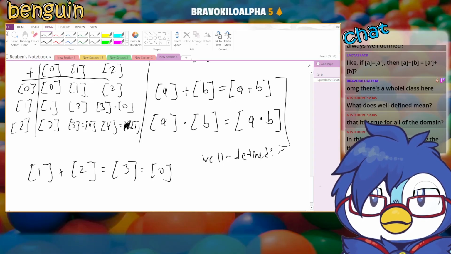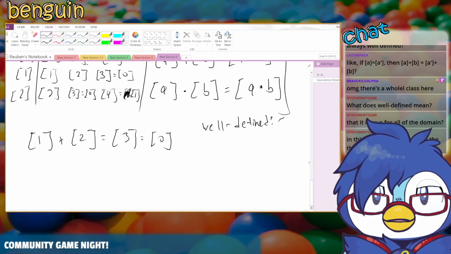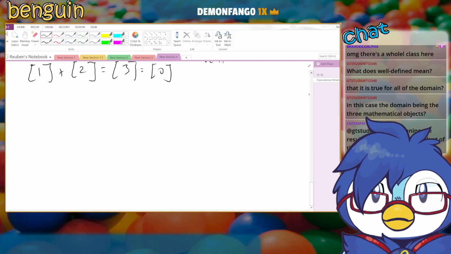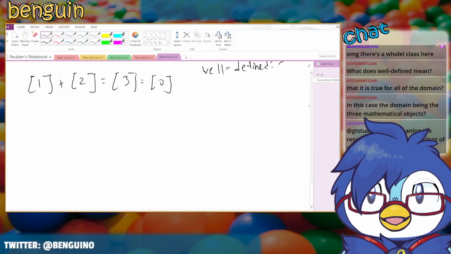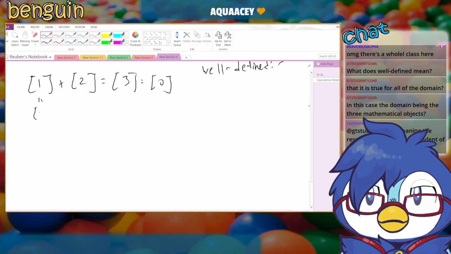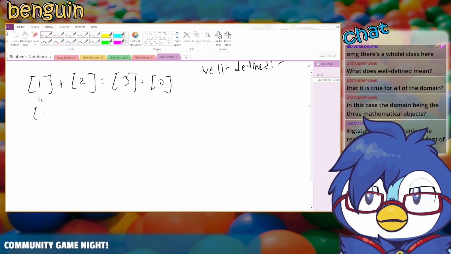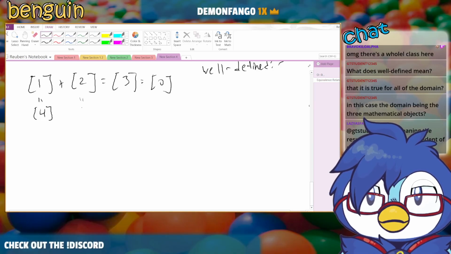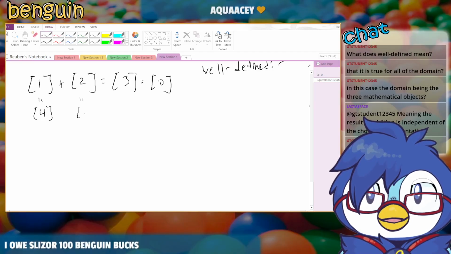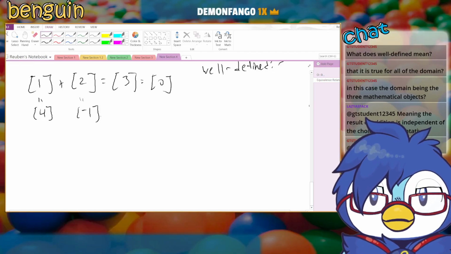But the answer I got depended on the representatives I chose. What if I chose something else? This is the same thing as 4, and this is the same thing as, say, -1.